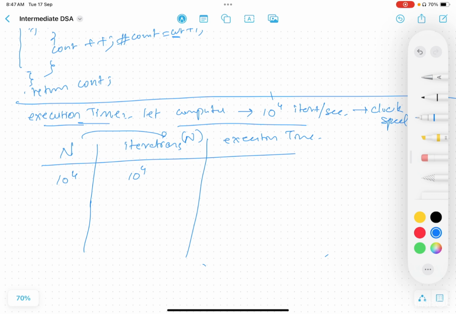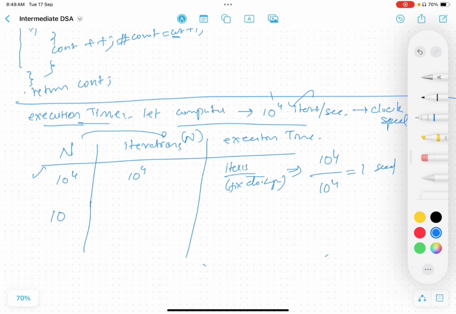But the execution time is iterations divided by the fixed clock speed, or iterations per second. So it is 10 power 4 divided by the machine's 10 power 4 iterations per second, which is 1 second, if the number is 10 power 4.